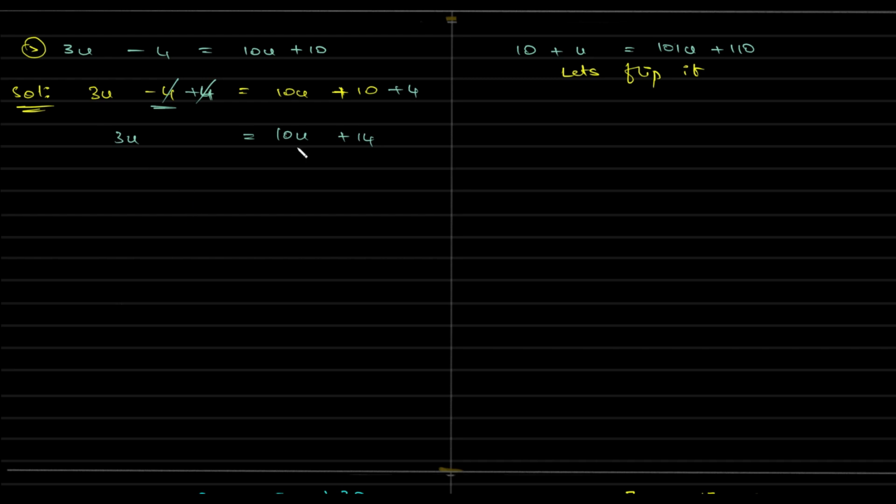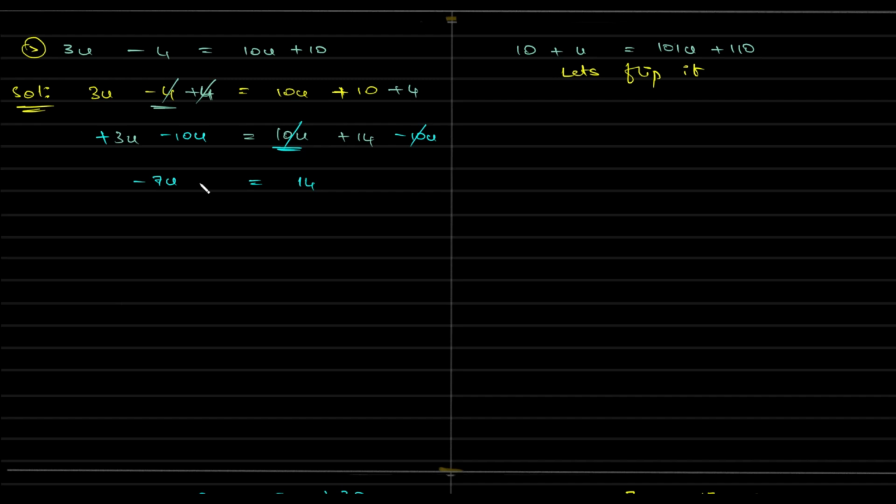Next, let's eliminate 10u. How to do that? -10 on both the sides. So we have 3u and -10u like terms. The difference is -7u, right? Because this is positive and this is negative, and the negative number is bigger, and the difference between 10 and 3 is 7. Done. For positive 10u, -10u gets cancelled, and we have 14 on the right hand side.